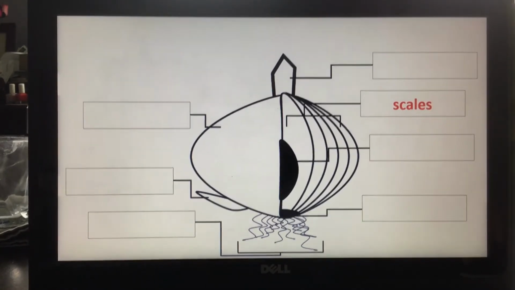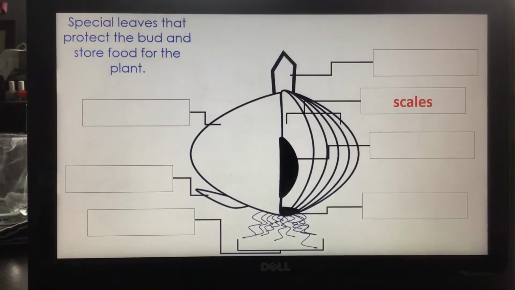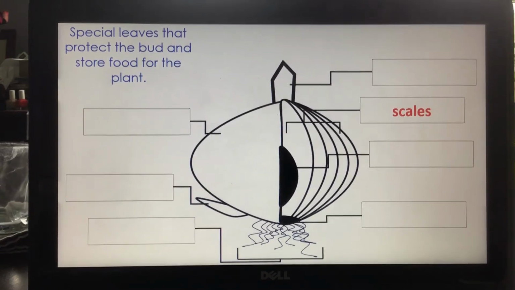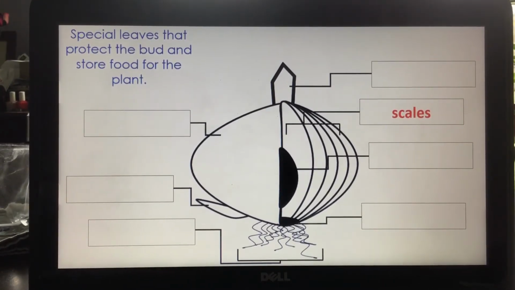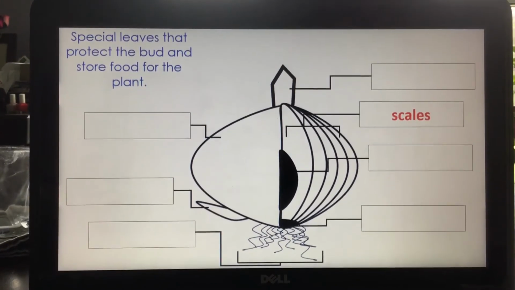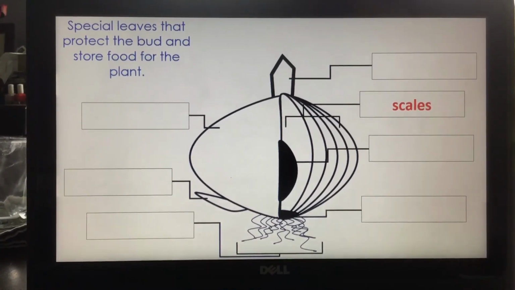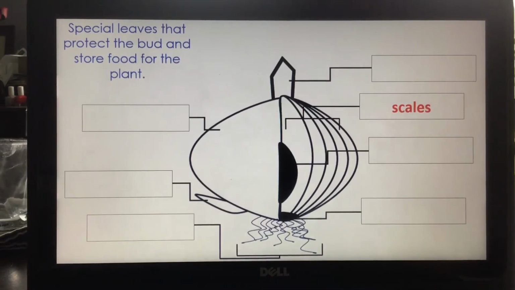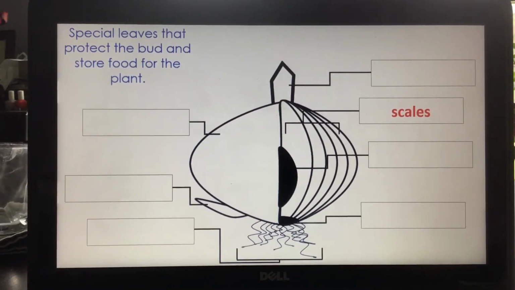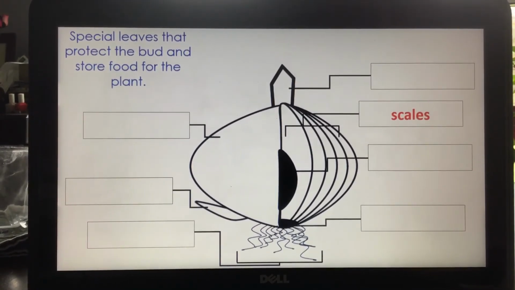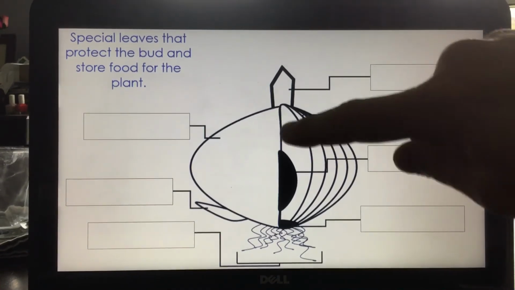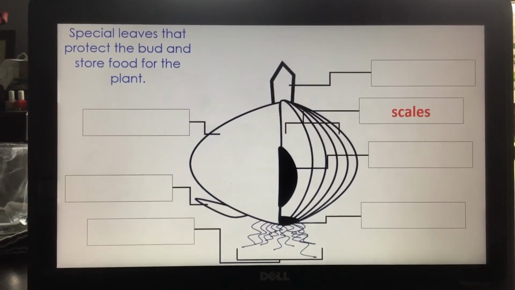Scales. So the scales are a special leaf or leaves that protect the bud and store food for the plant. So let's think about that. It gives it that first bit of food that it'll need to grow. Because if we look at that shoot at the top, it's not a very big leaf to absorb that.